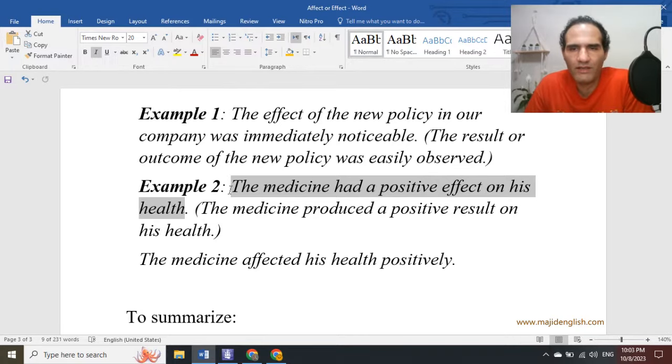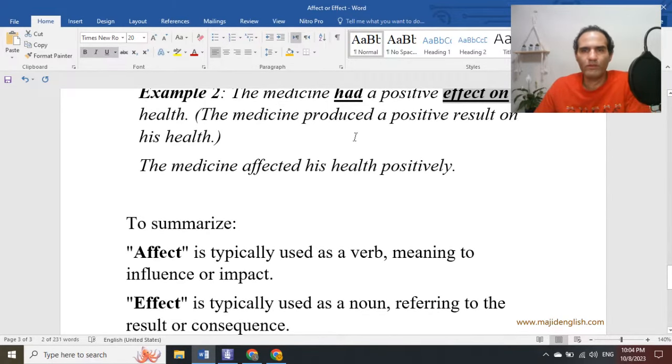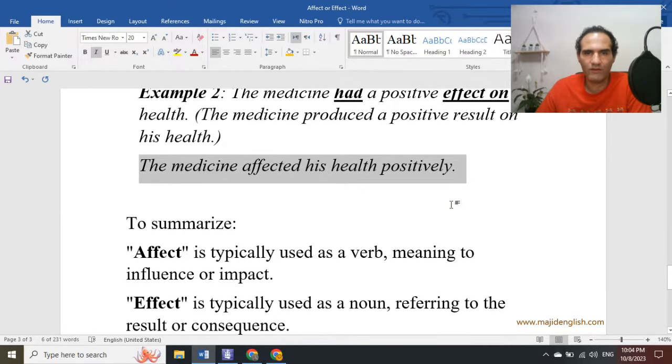Have an effect on something when it is a noun. And if you want to say this one with a verb: the medicine affected his life positively. Don't say affected on his life positively.